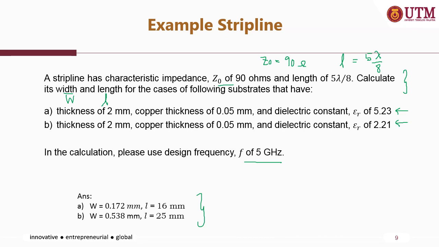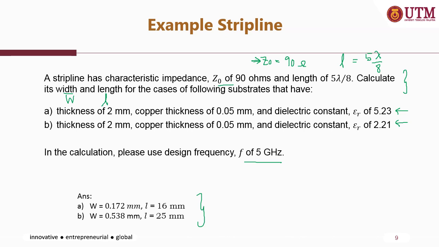Let's look at an example of a strip line. A strip line has characteristic impedance Z0 equal to 90 ohm and a length of 5 lambda over 8. Calculate the width and the length for the following substrates. These are the general criteria of the strip line.